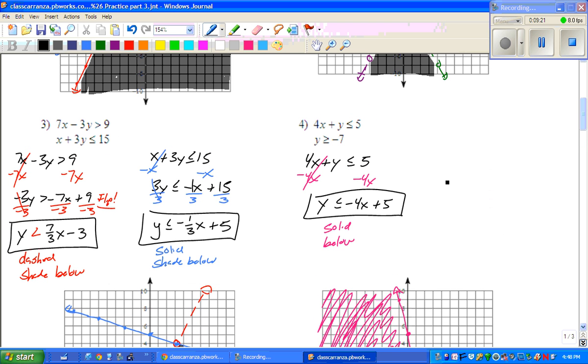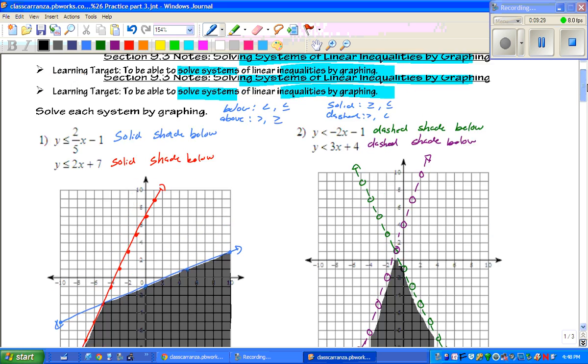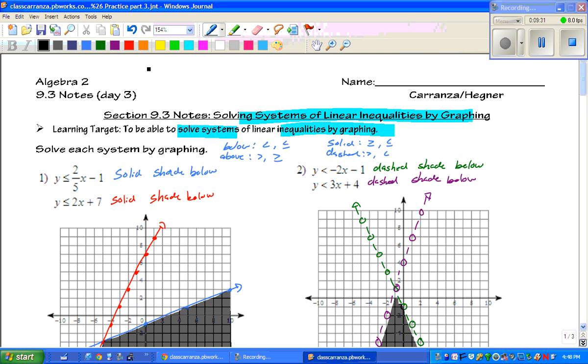Now our other line is y is greater than or equal to negative 7. Now remember something. Let's go back to the top. A diagonal line, 2 variables, it's y equals mx plus b.